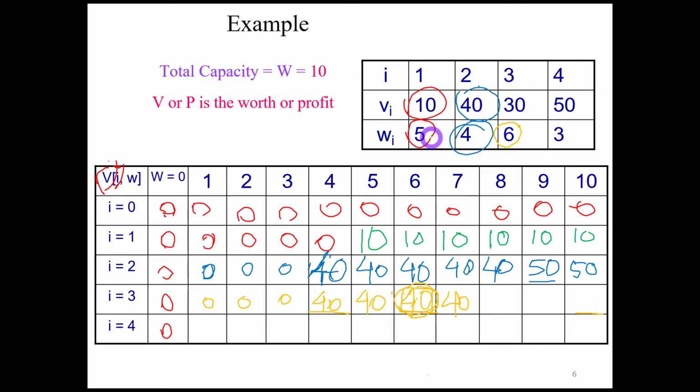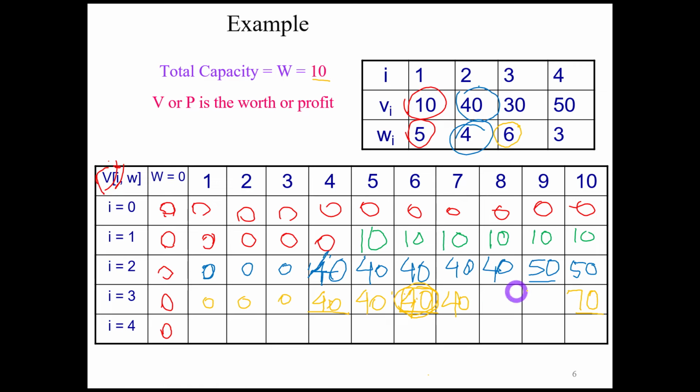I cannot pick that up because 11 exceeds the capacity of the knapsack. And how about 3 plus 2 plus 1? Obviously, I can't do that either. 3 plus 2 is 10, and adding 5 is 15. That is not possible. So the only combination from the previous allowed elements is 3, 2, which is 6 plus 4, 10. And that is possible at this place. So that is 70. So I can write 70 over here.